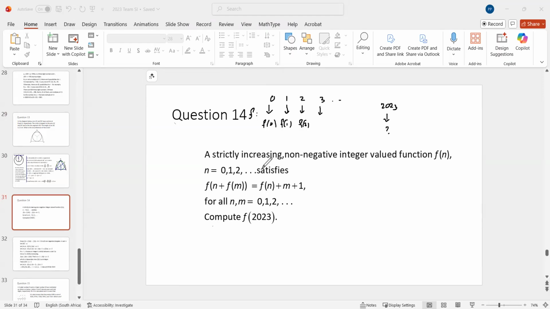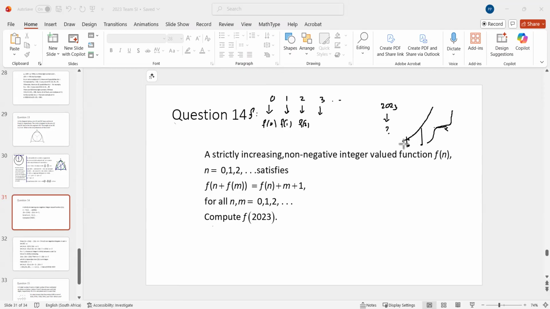It's also strictly increasing. Strictly increasing means that the graph keeps going up. It never flattens. So if you've got a value here and another value on this side, this value is strictly bigger.